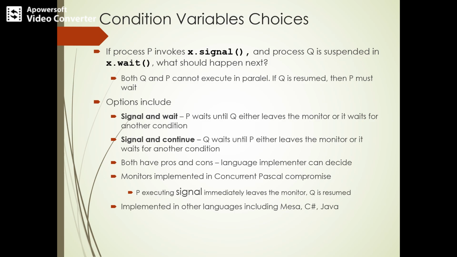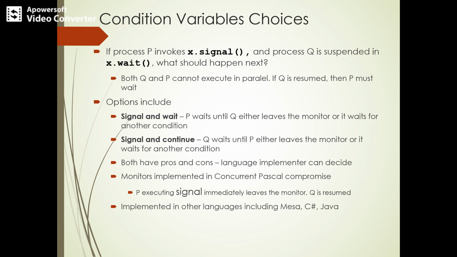So both Q and P cannot execute in parallel. For now, process P invokes x dot signal, and process Q is suspended in x dot wait. Clearly, if the suspended process Q is allowed to resume, then the signaling process P must wait, because at a time only one process can continue.